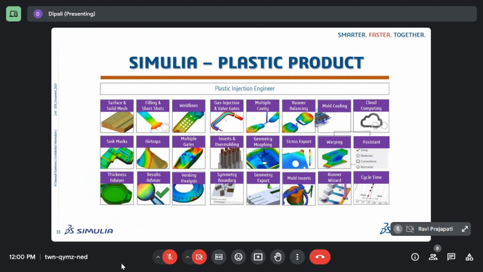You can perform various kinds of simulations such as runner balancing, venting analysis, or various kinds of thickness advisor. By using this role you can predict various kinds of defects that can occur in the plastic process, such as short shots, air traps or weld lines.